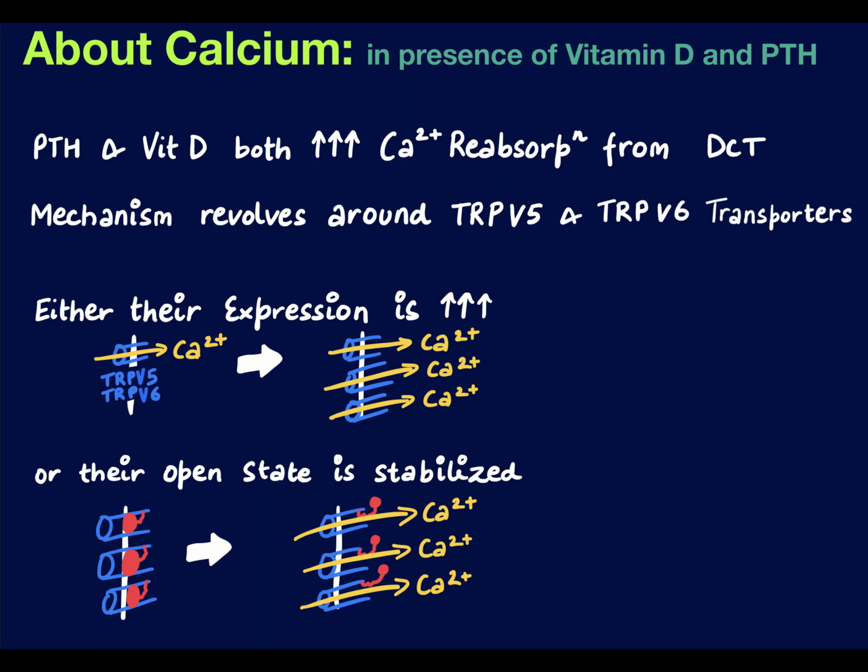The mechanism by which these hormones act on the DCT to increase the renal reabsorption of calcium revolves around the TRPV5 and TRPV6 transporters. So either the expression of these transporters is increased or their open state is stabilized by these hormones. Thus, ultimately, there is increased calcium entry into the distal tubular cells.